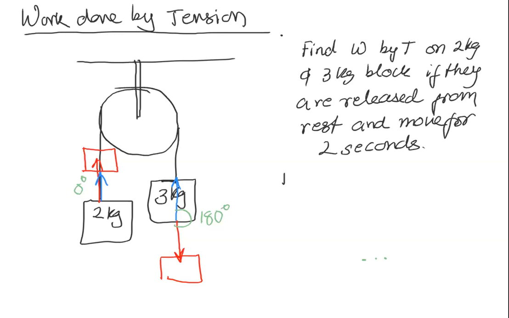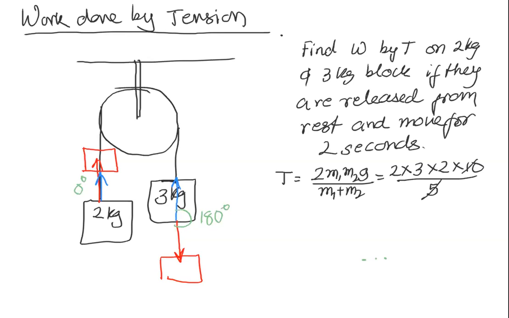Now the value of tension for a standard Atwood machine is given by 2 m1 m2 g upon m1 plus m2, which will be equal to 2 into 3 into 2 into 10 divided by 5. This goes away, and therefore the tension will be 8 into 3, that is 24 newtons.